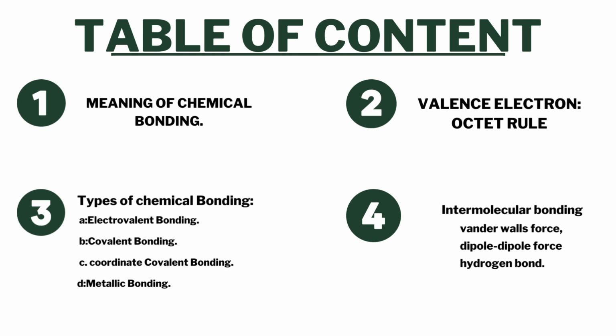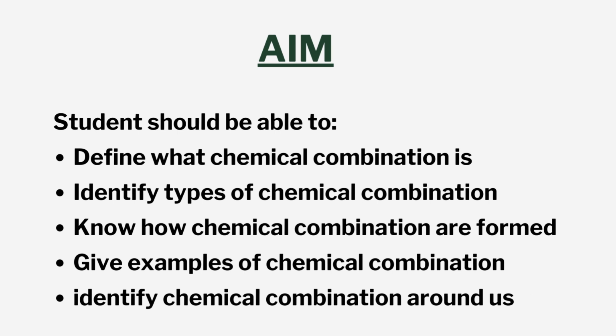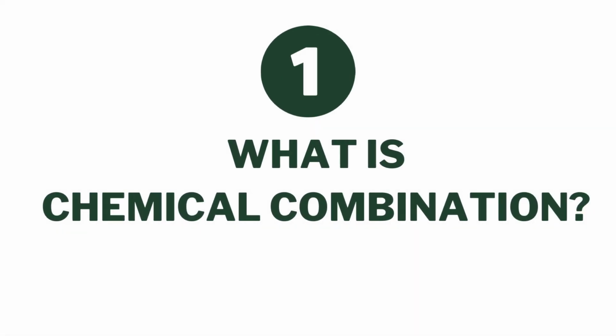At the end of this lesson, you should be able to explain what chemical combination is and why chemical compounds bond together, or how atoms come about to result into chemical bonding. Alright, so let's start with what is chemical combination.